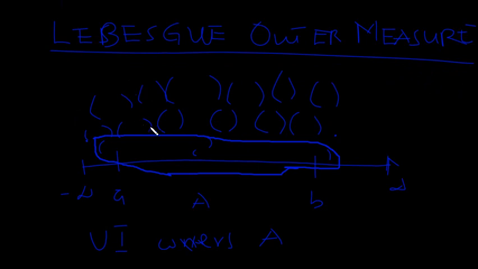Then we are going to do this for each one of them. After finding the outer measure of each one of them, I will sum all of them, and that's going to be my first sum.